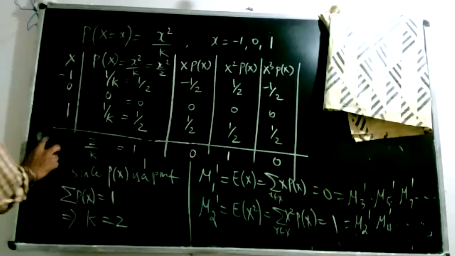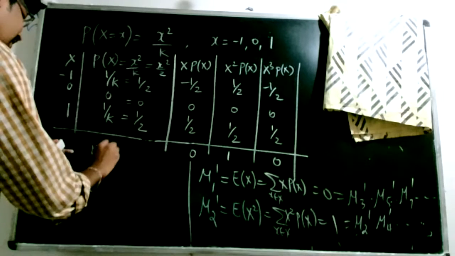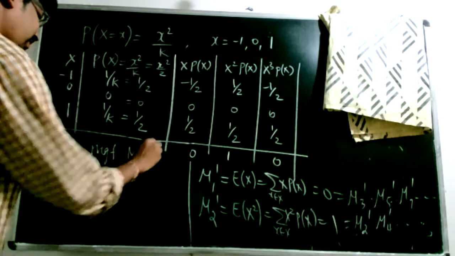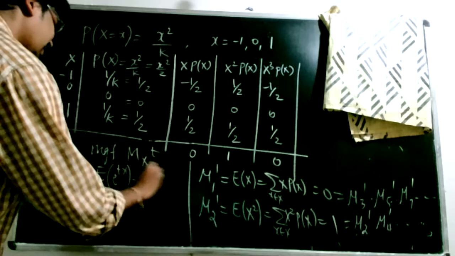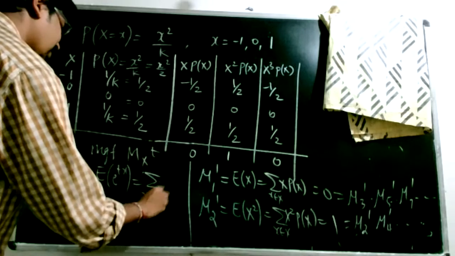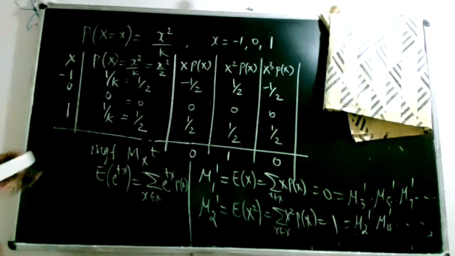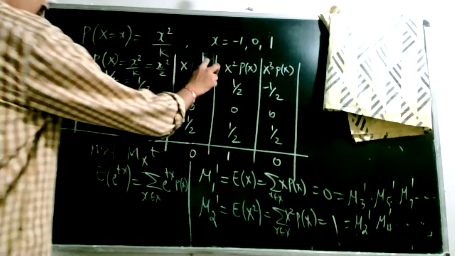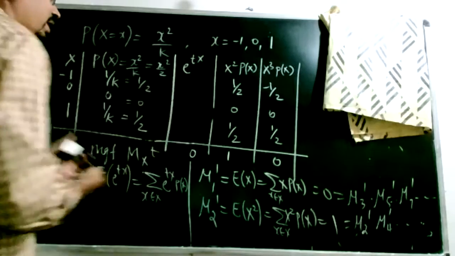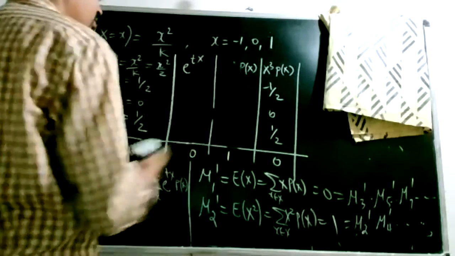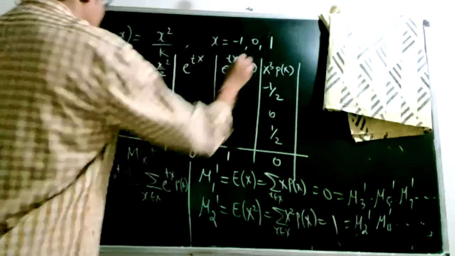Now, if I obtain the MGF for this, MGF mx of t is given by expectation of e power tx, and in this case that is sigma x e power tx px. So we have our x and px, so we define e power tx and then e power tx into px.